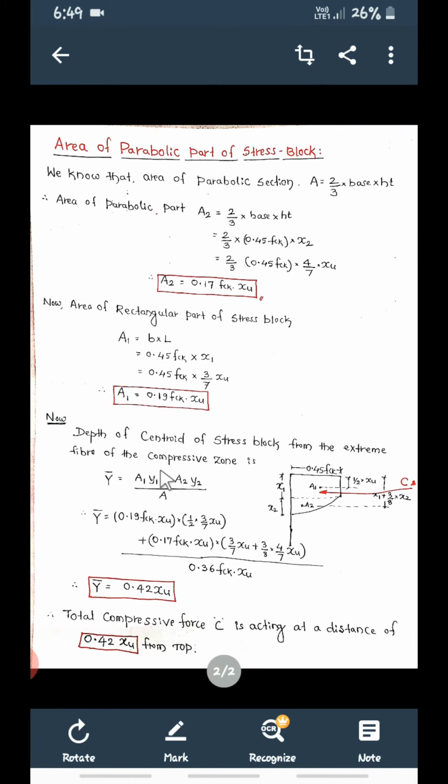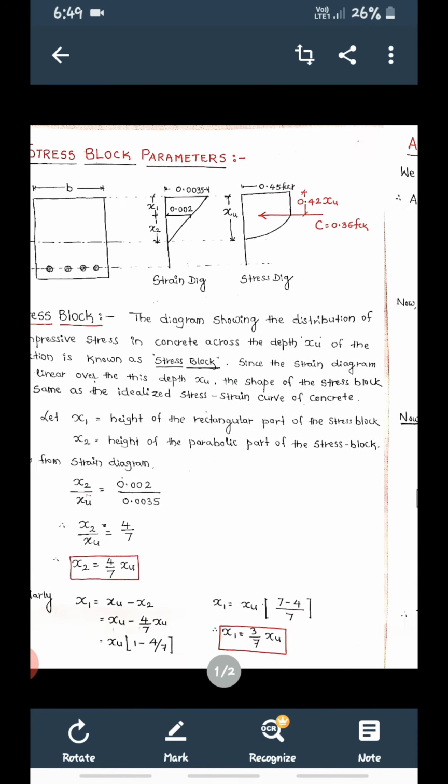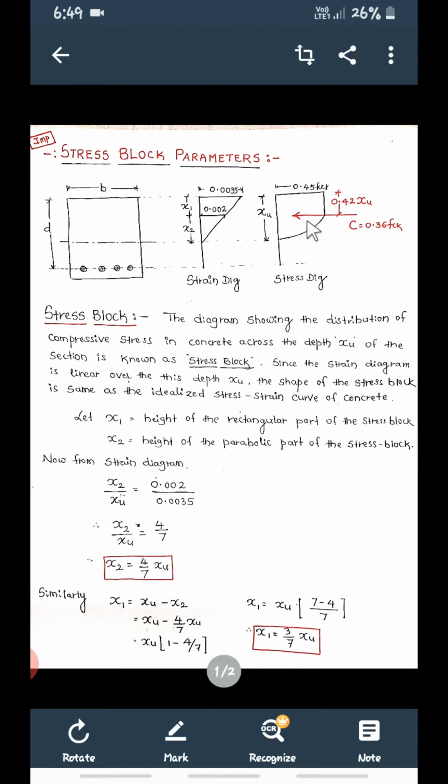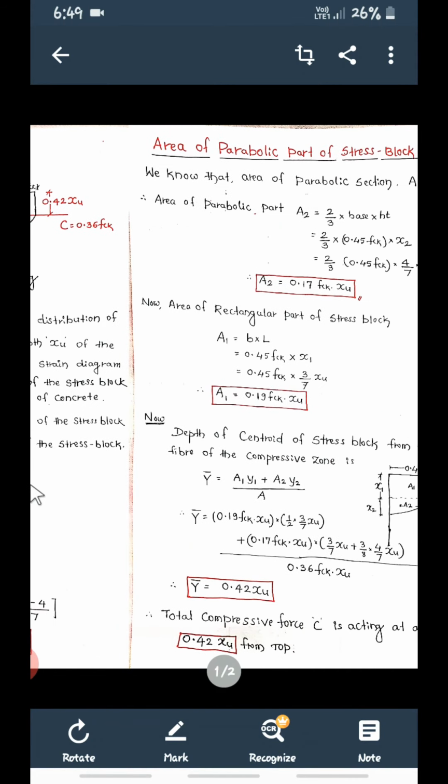Now see, the depth of the centroid of the total stress block from the extreme fiber of the compression zone is y bar. This is where C will be acting. What we have shown here, 0.42 XU, is the y bar, and that is what we have to find out. From the extreme top fiber, C will be acting at the centroid y bar. So we're going to find y bar now.